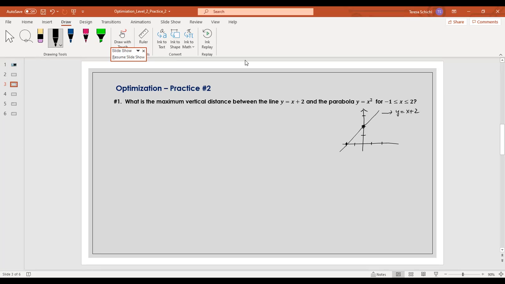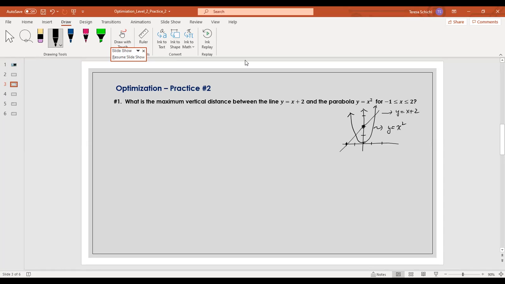Now for y equals x squared, it will be something like this. So this curve here is y equals x squared.